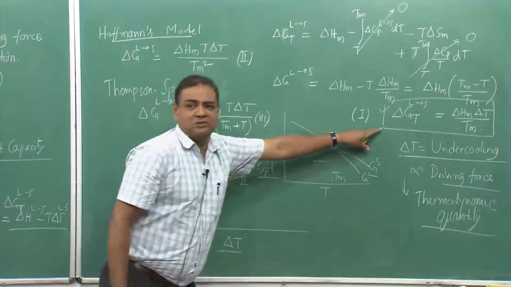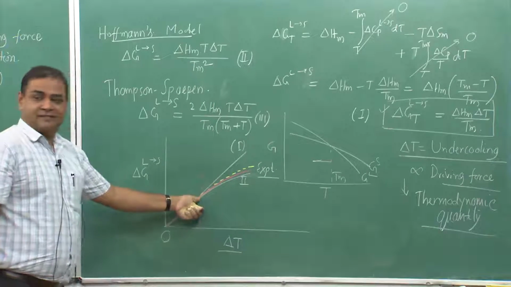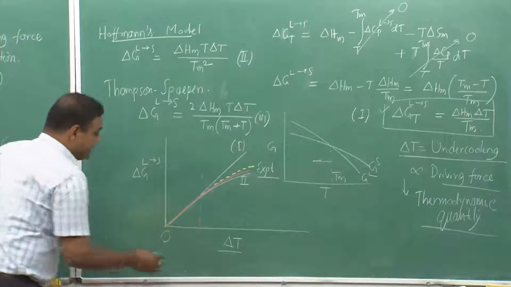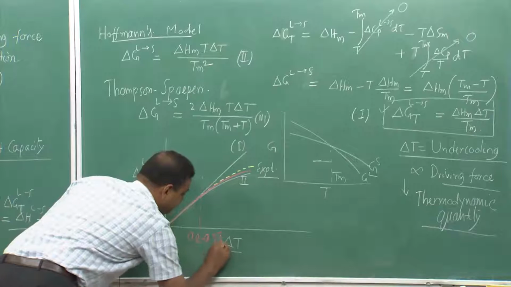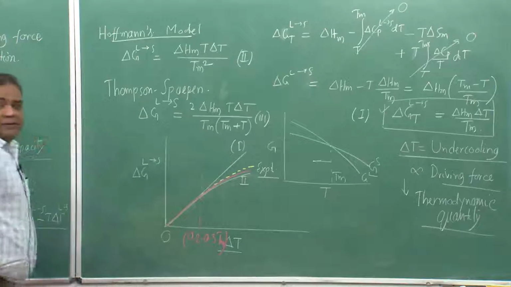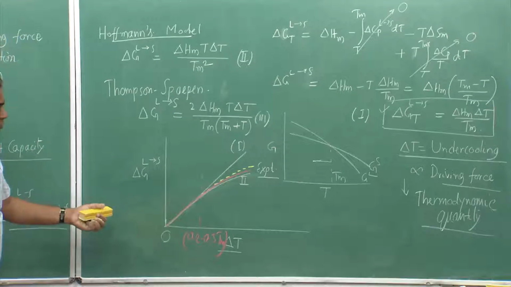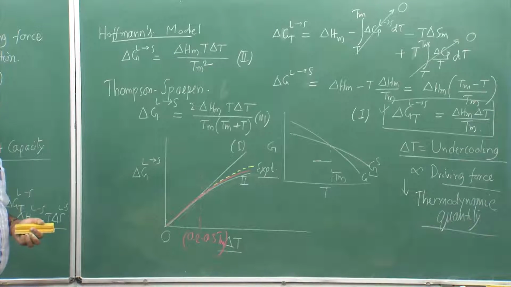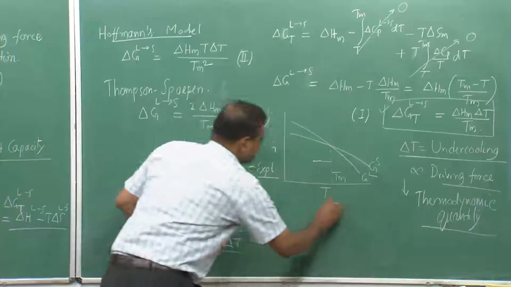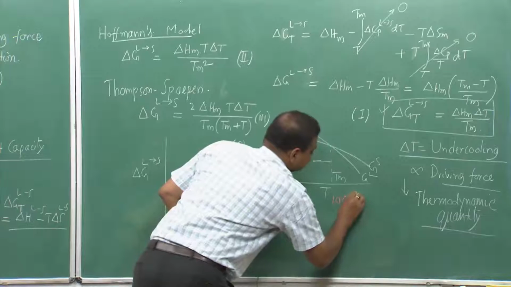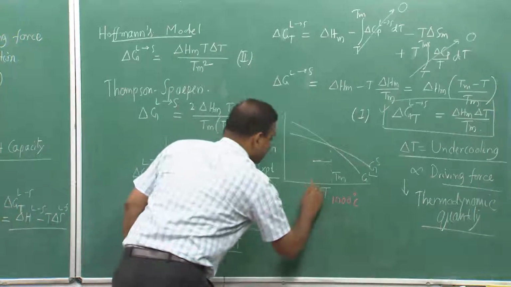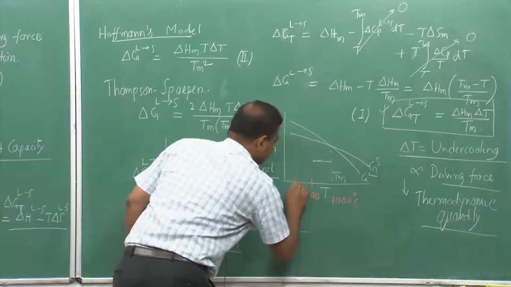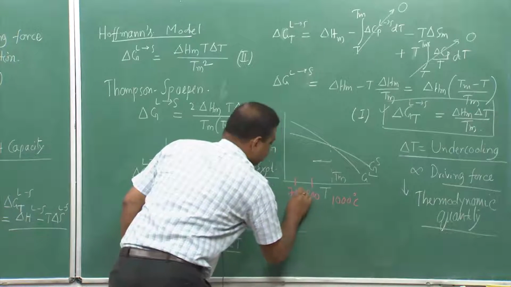Now, interestingly, the only noticeable thing is, until this temperature, all those refined calculated values and also the crudely assumed value are matching. And these values can extend up to 0.2 to 0.3 Tm. What does 0.2 to 0.3 Tm mean? Let us say if the melting temperature is 1000 degrees Celsius, this would be 800 to 700 degrees Celsius.